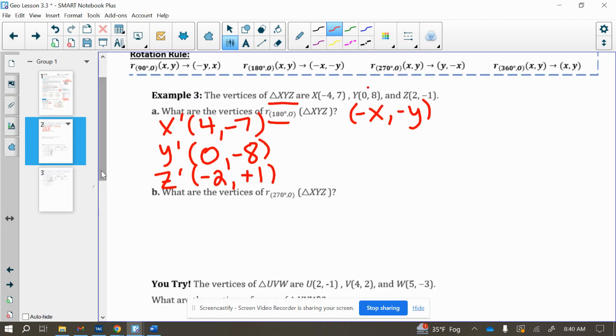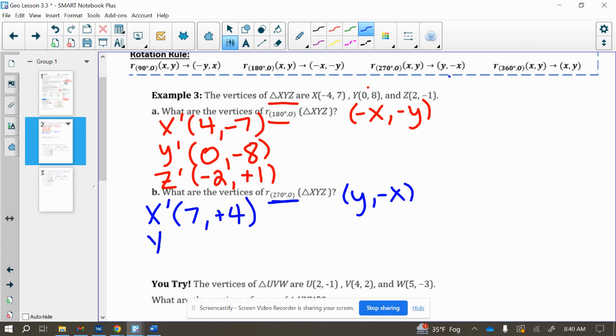Now, if we look at the 270-degree rotation, our rule, if we look up above, is (y, -x). So we're taking these original points, X, Y, and Z, we're flipping them, and whatever the original X value was will now flip signs. Our original X point was -4, 7. So now 7 and -4 switch spots, and -4 becomes +4.